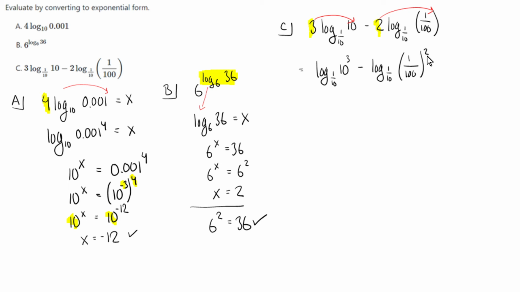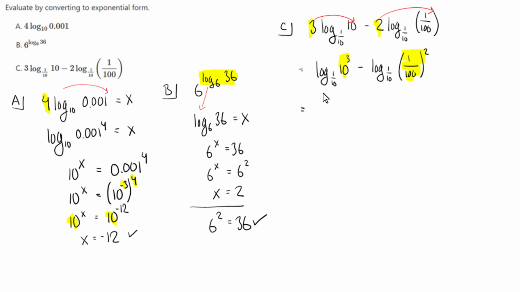Now we can evaluate these arguments. So 10 cubed is 1,000, and then 1 over 100 squared is going to be 1 over 10,000.